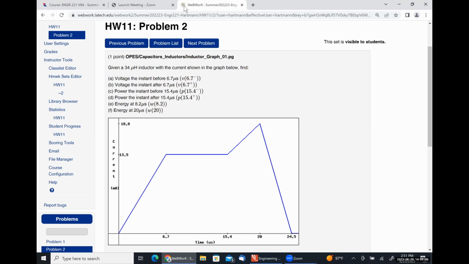For parts E and F, it's literally just evaluating the energy expression at those two particular times based on the graph here. So nothing particularly wild or crazy here. Just trying to reinforce that concept of approaching times from the left and times from the right.